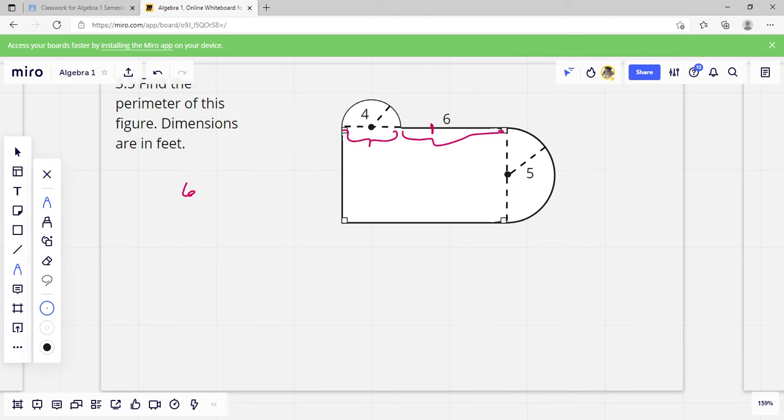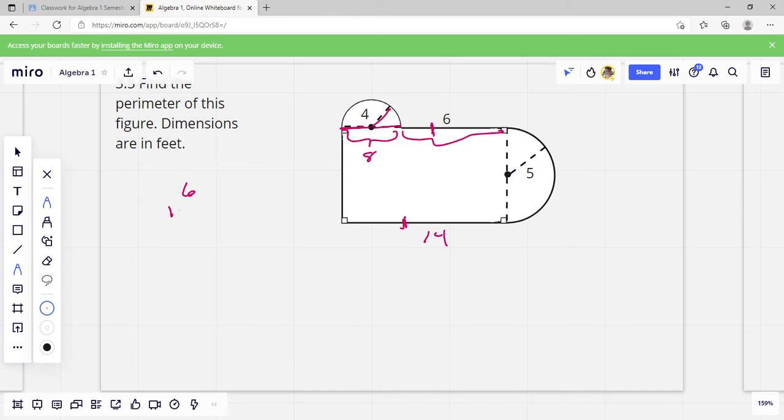Okay, if this radius right here is 4, that means right here would be 4, and right here would be 4, so that whole thing is 8. So if we add together 6 and 8, we're going to get 14. That means this bottom is 14. Okay, there we go. So we've got 6 up here, and our bottom is 14.